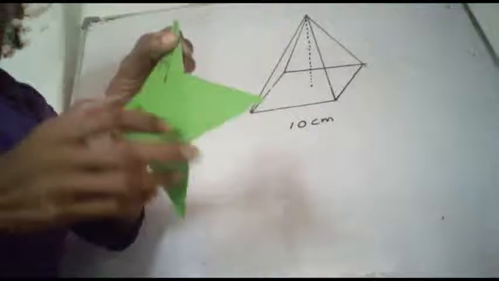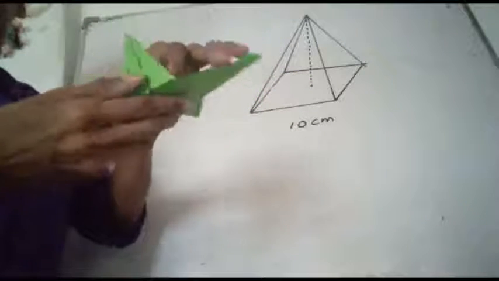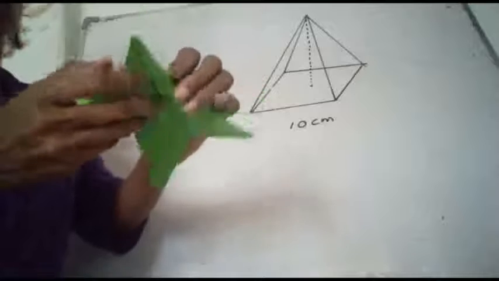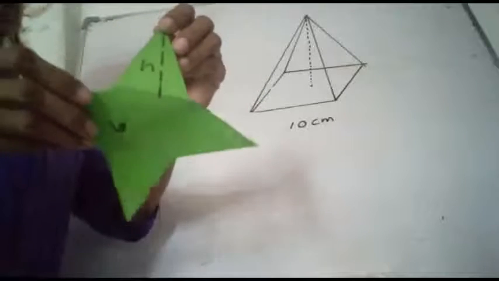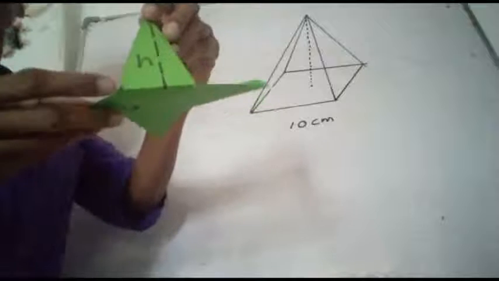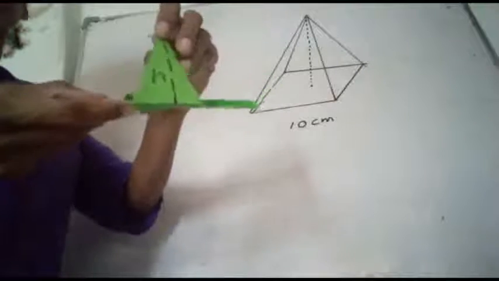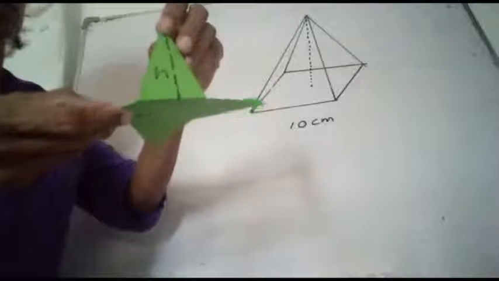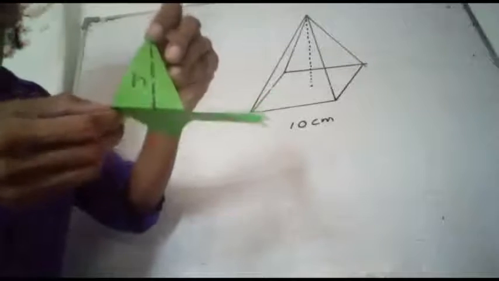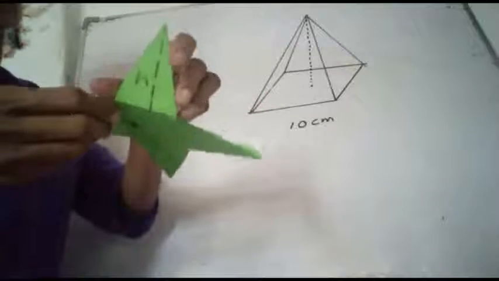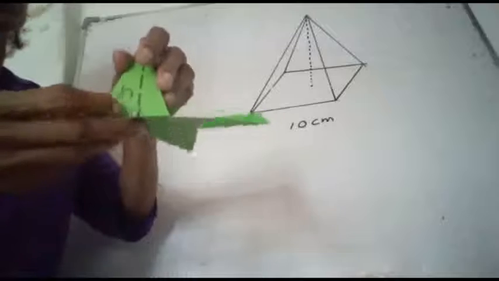This is the perpendicular height of this triangle. These triangles are equilateral triangles. Sometimes they may be.